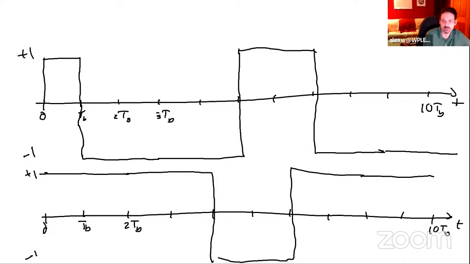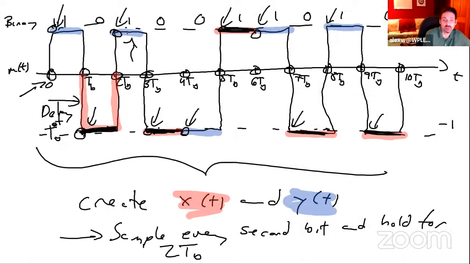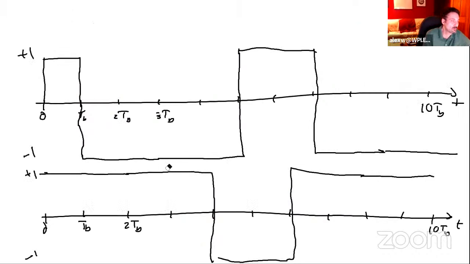So this, because there is one more step. What is this, some sort of subsampled message? Let me think. What's a way of writing this?